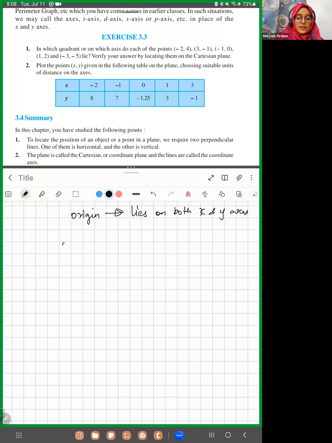Name a point whose ordinate is -4 and this point lies on the y-axis. I need you to tell me the coordinates of this point.